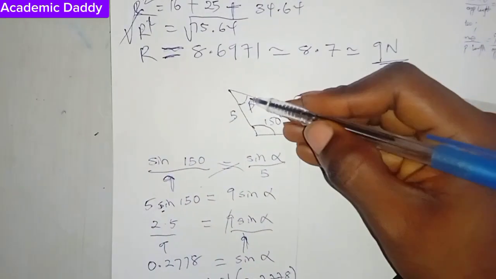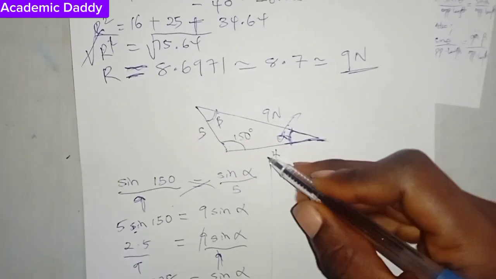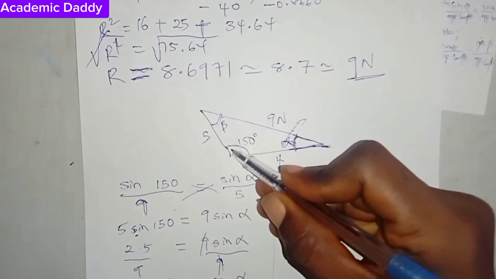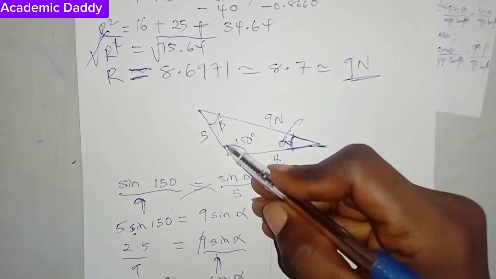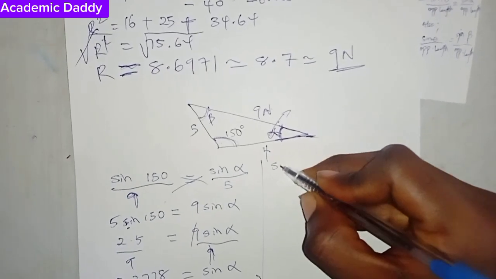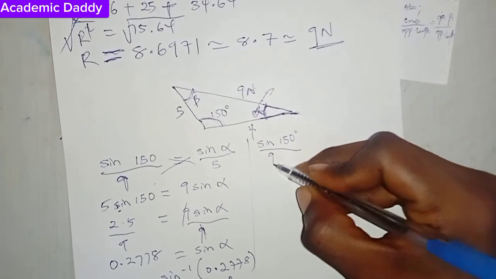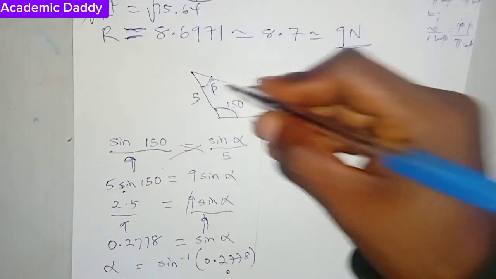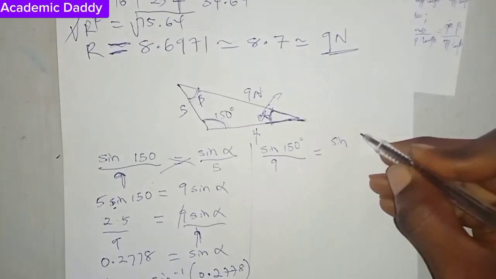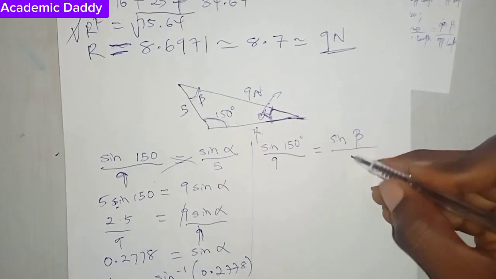Now let's solve for this angle. To get this particular angle, what I'll simply do is use the angle that you know, and you first get the resultant. So you will do sine of 150 degrees, that is sine theta, over the opposite line, which is 9, equal to sine beta over the opposite length of beta, which is 4.